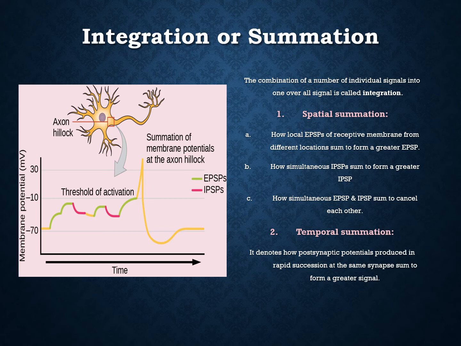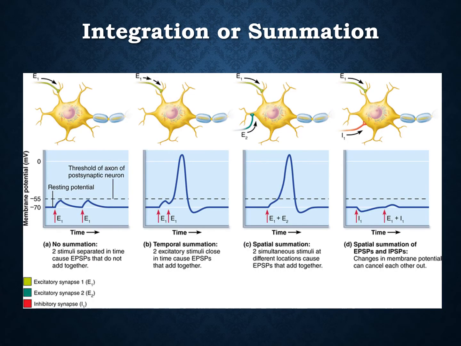Secondly, temporal summation denotes how postsynaptic potentials produced in rapid succession at the same synapse sum to form a greater signal. So here is the diagram presented. This portion will be more clear if we focus on this diagram.